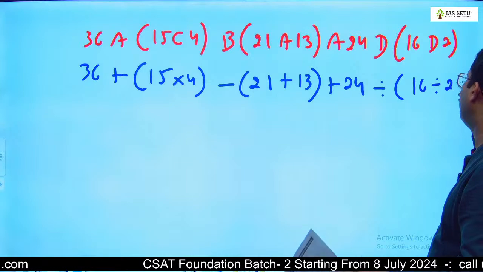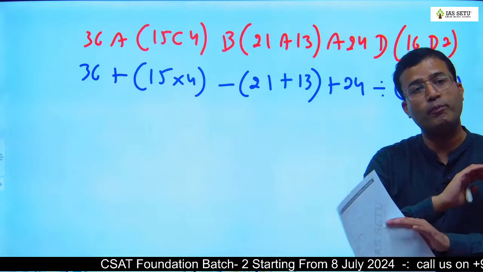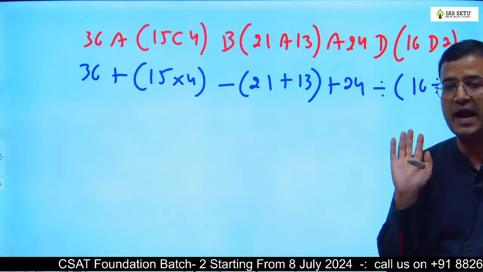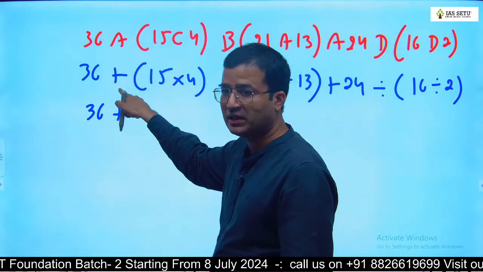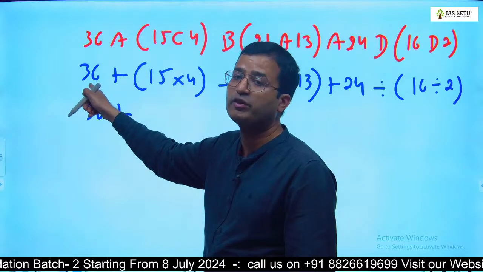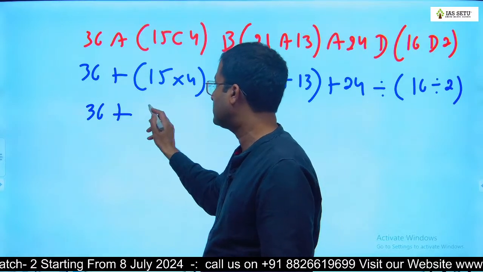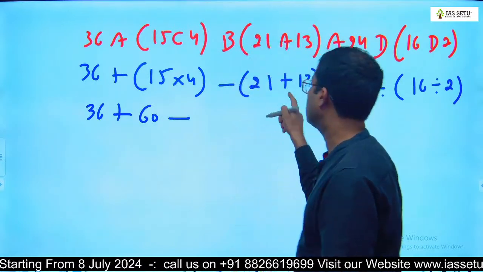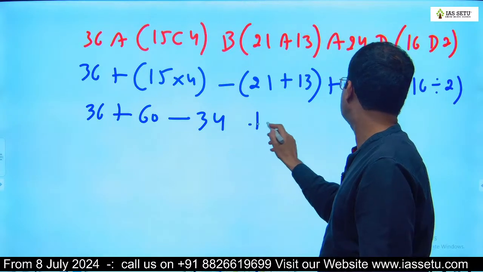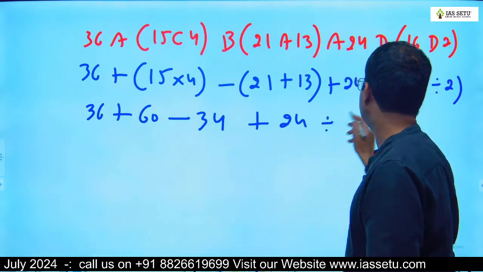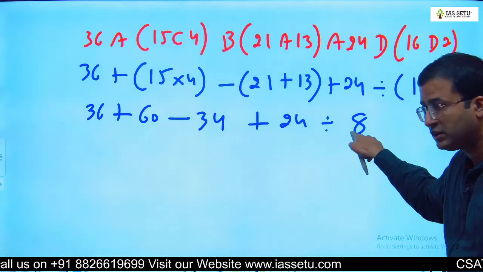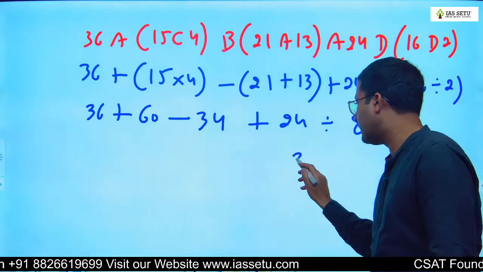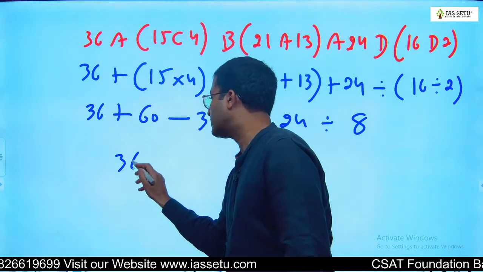You have to open all the brackets. 36 plus, the symbol is given; if the symbol was not given, it could be multiple. So some plus minus 34 plus 24 divided by 8. Then follow division. 24 divided by 8 is 3, 36 plus 6.